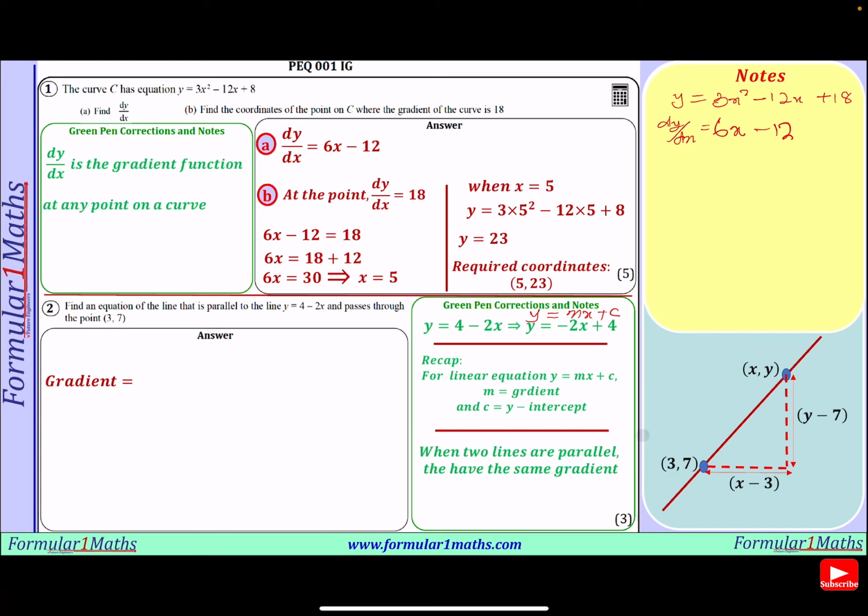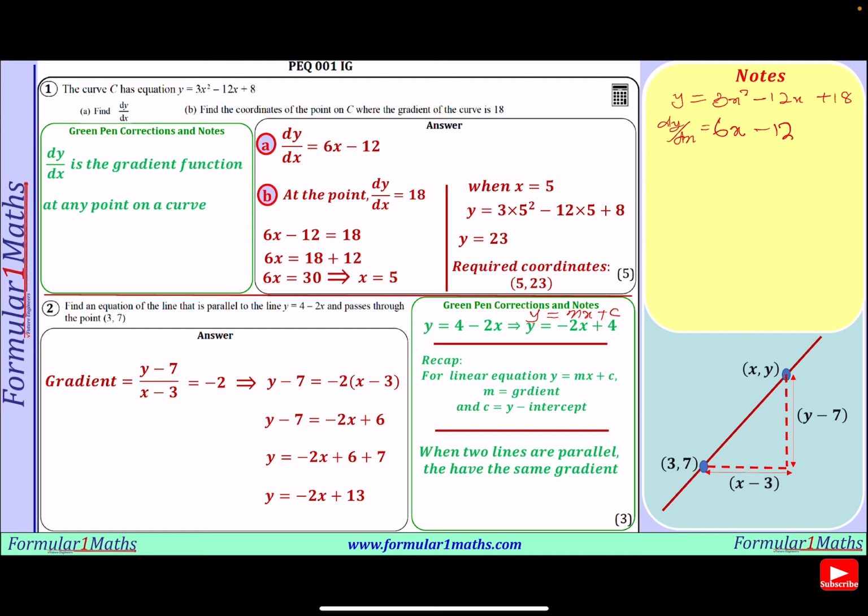So the gradient is y minus 7 over x minus 3. We have established that the gradient of the line we are looking for is minus 2. So we can go and equate this gradient to minus 2. And then we evaluate, expand, do your transposition, and finally you get y equals minus 2x plus 13.